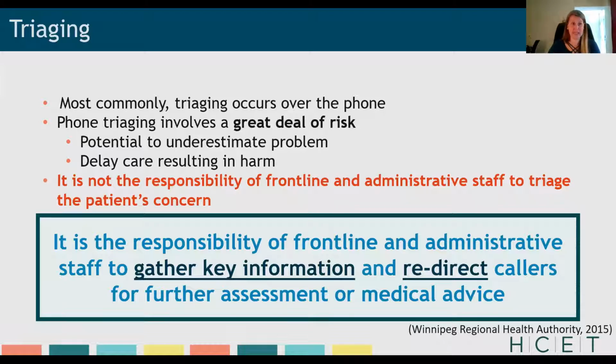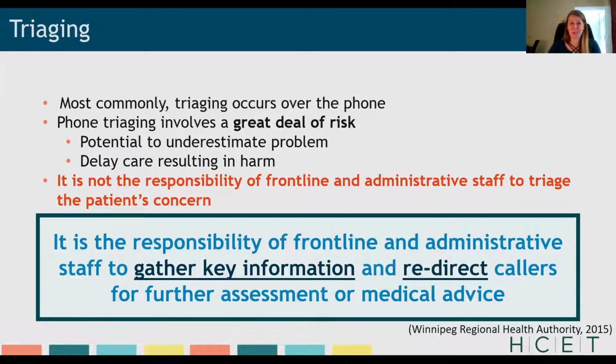For that reason, I want to reiterate this, and I put it in red text here. It is not the responsibility of frontline and administrative staff to triage patients' phone calls or patients' concerns, okay? Because of that level of risk, that is not your job. That is left to licensed staff.